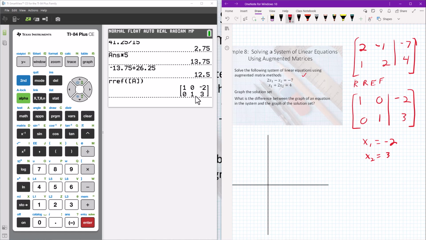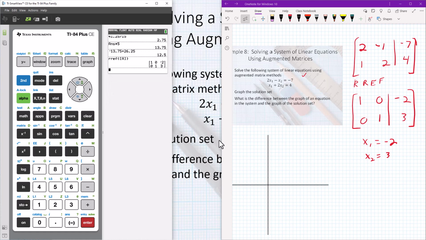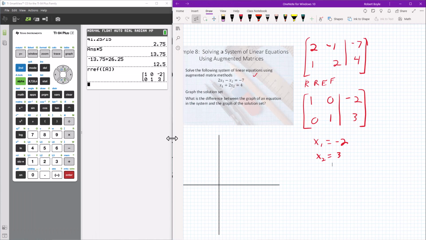All right. Let me make this a little smaller, and let me make this a little larger. So the solution set is going to be the point negative 2, comma 3. I'm going to call this x1 and this x2.